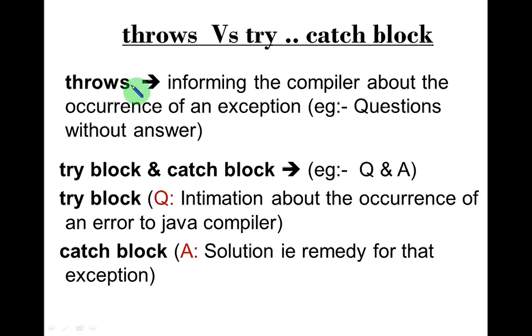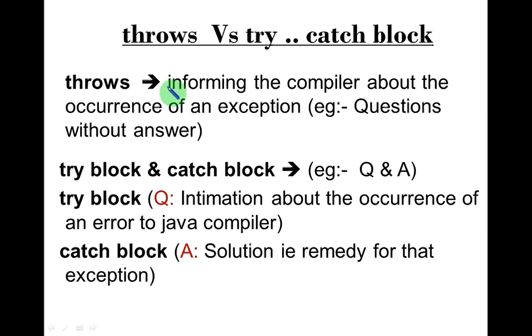Throws means we are informing the compiler about the occurrence of an exception. For example, I am informing that these are all the important questions, so you just prepare the questions, but I am not giving the answers. I am telling only questions. Okay, so this is similar to throws.